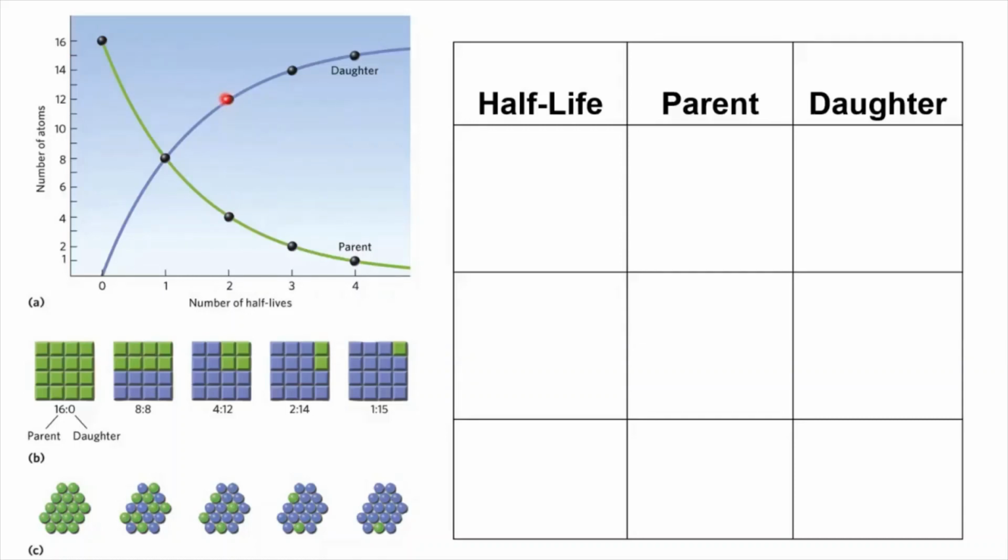product. So when we start off with 100% of the parent or the radioactive isotope and 0% of the stable daughter product.